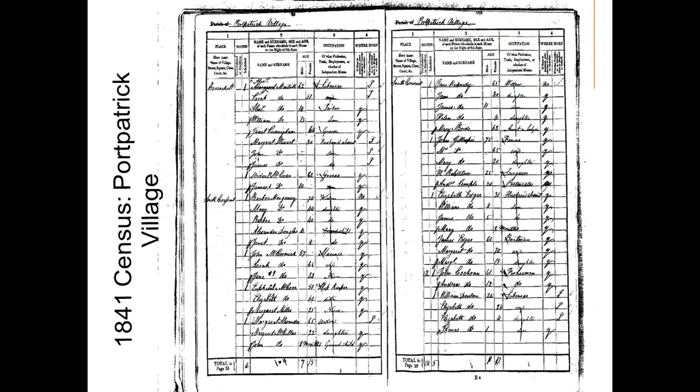There was also an instruction given to the enumerators that for adults they had to round the age down to the nearest 5. Now if you look, you'll see that hasn't actually been done by this particular census enumerator, but you will always find a huge number of them who did comply with this request, and so anyone who is listed on the 1841 census as being, for example, of age 35 may be anywhere between age 35 and age 39 because they were rounded down to the nearest 5.